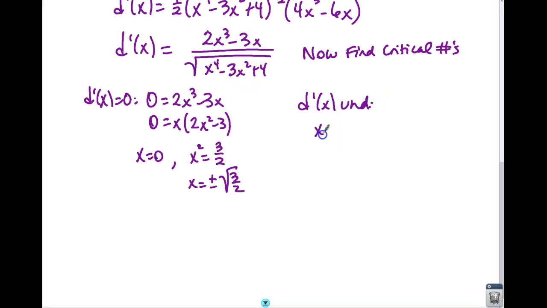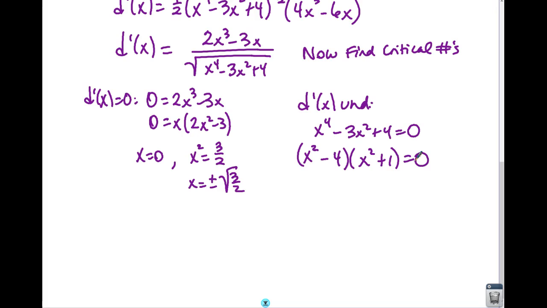So x to the 4th minus 3x squared plus 4 equals 0. We're going to factor this somewhat like we normally do, but instead of x squared here, I have x to the 4th, but that's fine. You're just going to make this x squared minus 4 times x squared plus 1. Does that work out? Let's see. Yeah, I think so. x squared minus 4 and x squared plus 1.